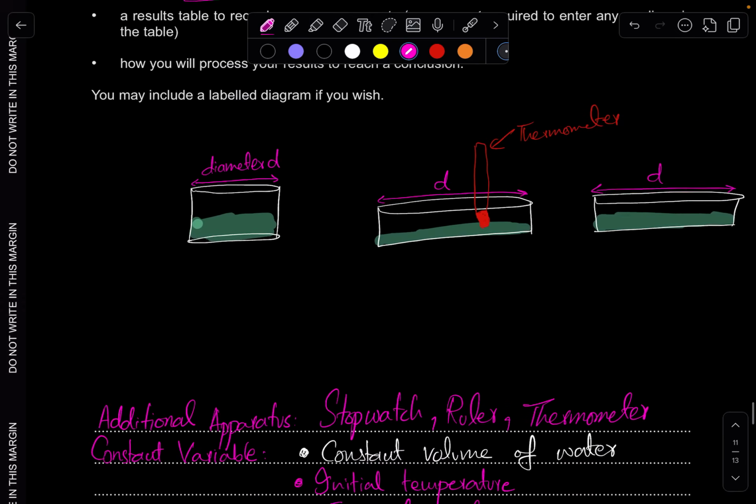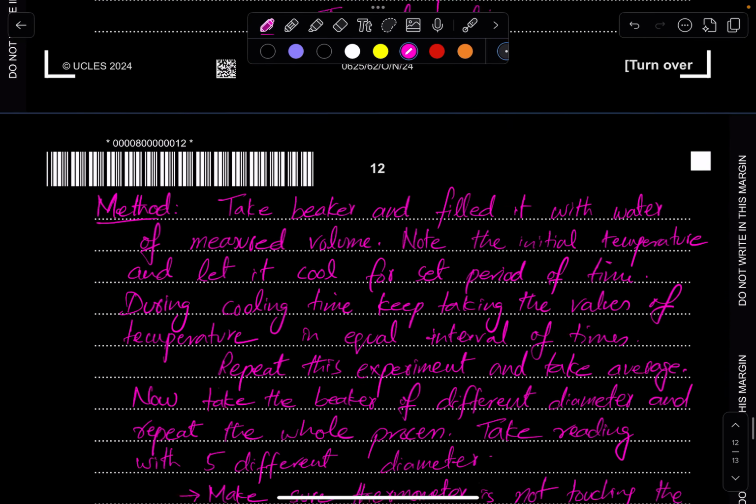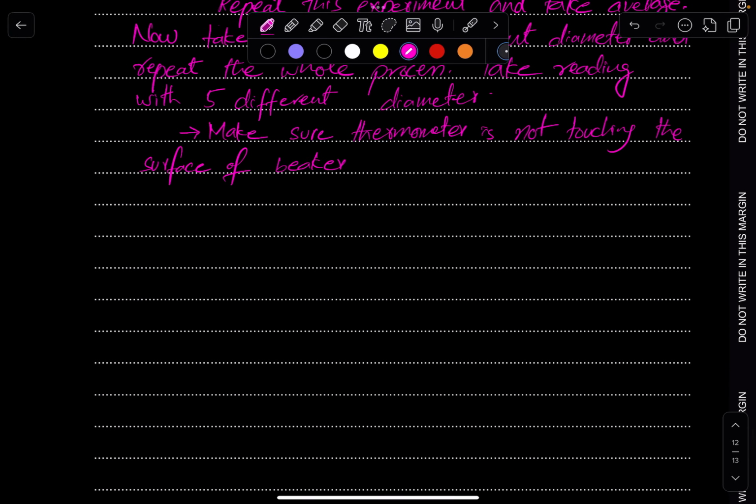Next thing that we have to do is draw the table. Make a neat table like this. I'm not making many rows because we don't have to fill in any data, we just have to write down the headings.